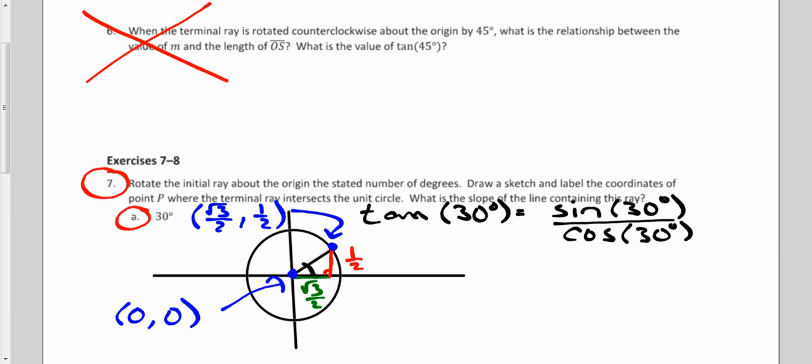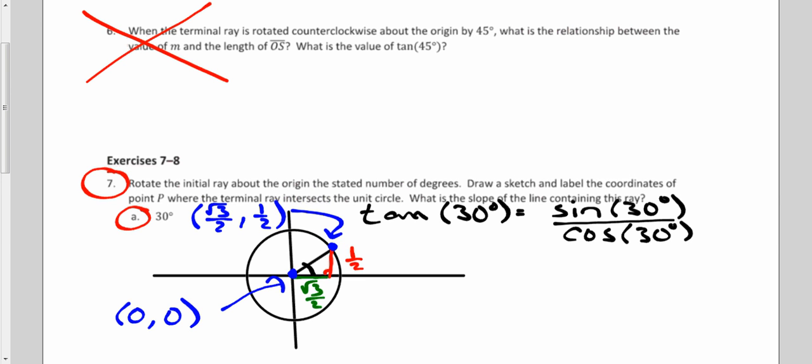So if I go from 0 up to 1/2, what's the change in y? 1/2, right? What's sine of 30? 1/2, right? Over, what's the change in x? Square root of 3 over 2, which is also the cosine of the angle.